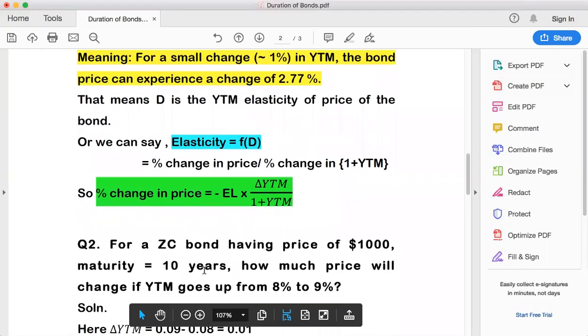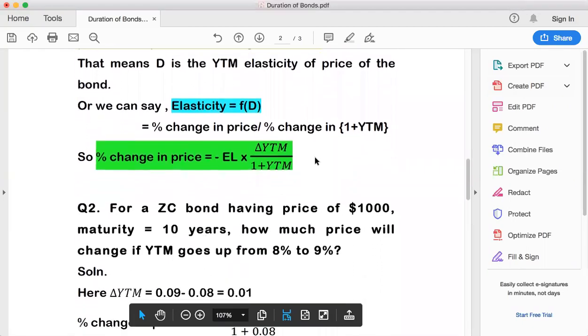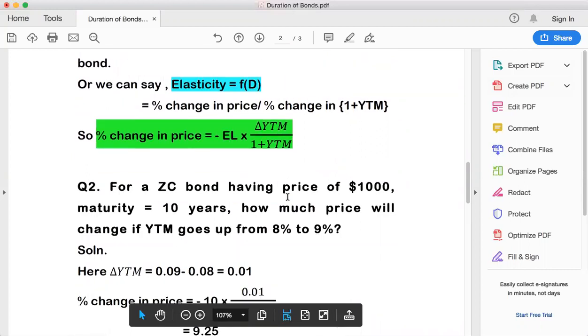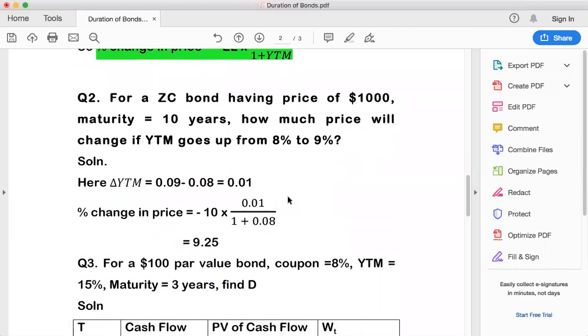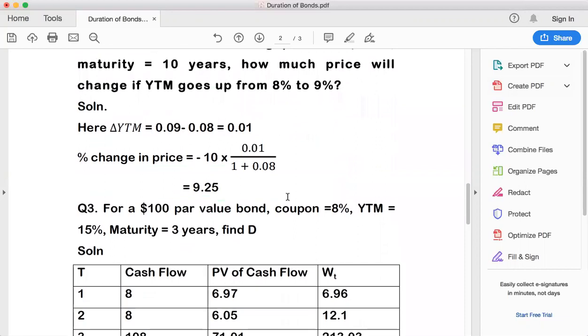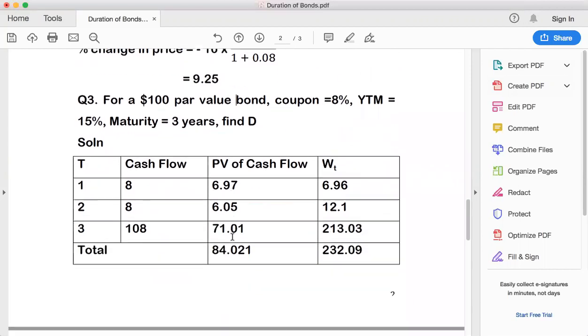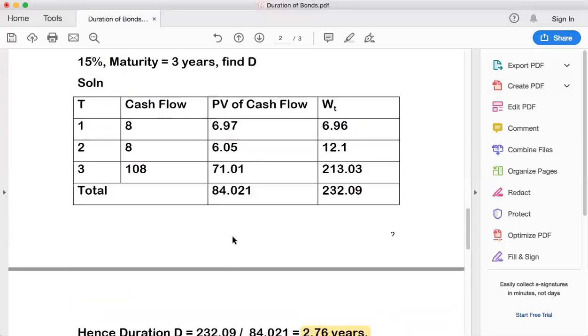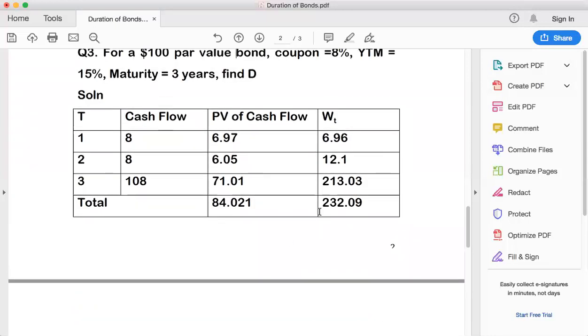We brought in the concept of elasticity here, and this formula about elasticity in the green is quite important, right? And we used it in the next problem for a zero coupon bond, say having maturity of 10 years, and we could predict the price change of 9.25%. It's actually a 9.25% decline. There's a minus here. This is negative 9.25.